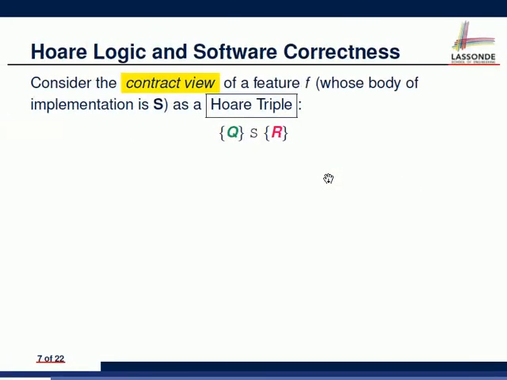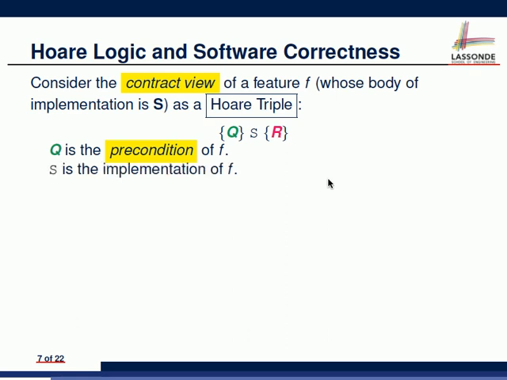Let's go over a little more intuition. Q is the precondition, S is the implementation, which can be arbitrarily complicated, and R is the postcondition. Now, let's go over some extreme cases to get a feel. What kind of situation are we dealing with here?